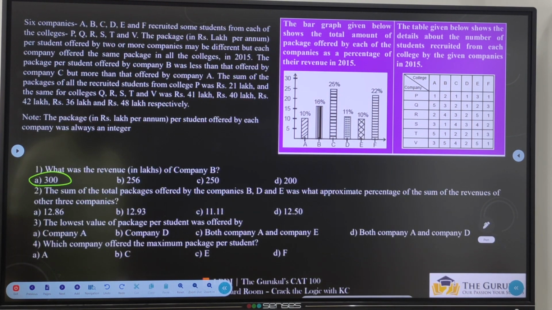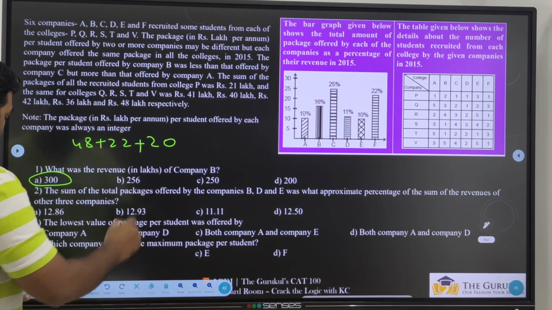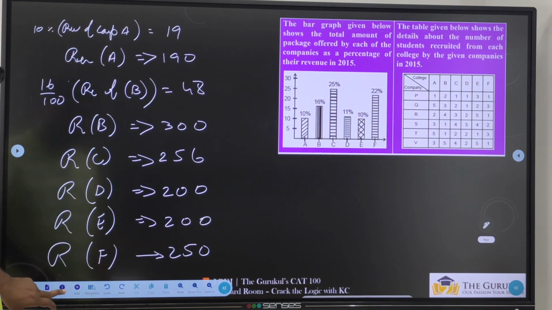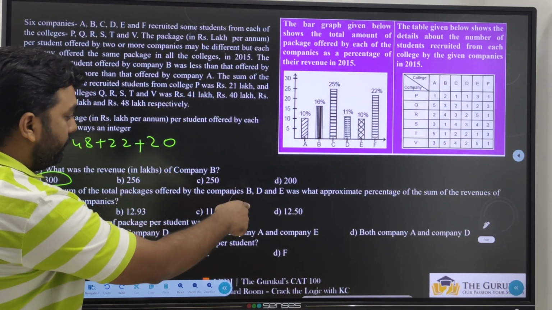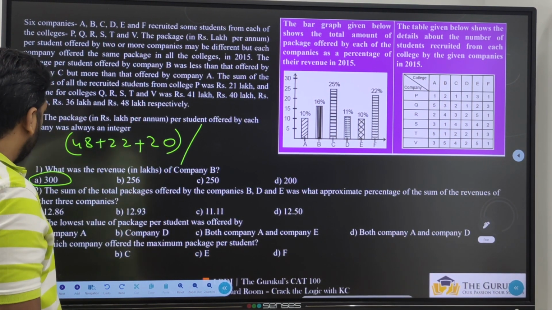The sum of the total packages offered by companies B, D and E was approximately what percentage of the sum of the revenues of the three companies? So total packages offered will be equal to 48 plus 22 plus 20. That's what we got here. 48, 22 and 20. Okay. Now the total revenues of these three companies, B, D and E, will be how much?